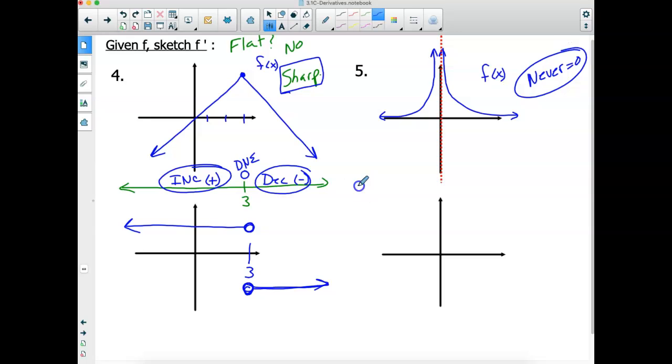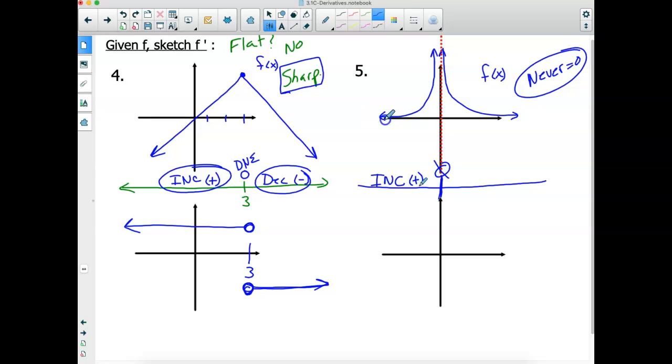I'm like, well, crap. I've got an issue going on here. Something undefined is going on there. And to the left of this, my function is always increasing, isn't it? But is it always increasing constant like it was in number 4? No, it's always positive, but check it out.